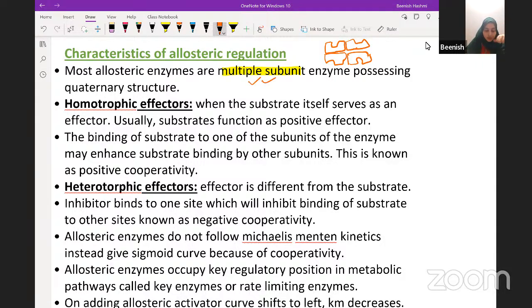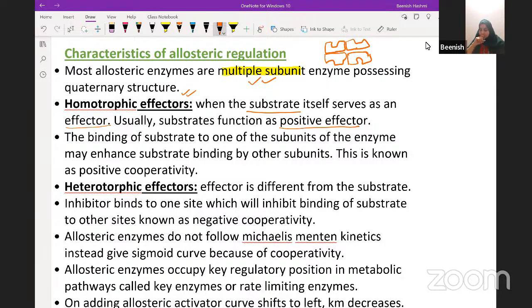That is important. Now what is a homotrophic effector? Now we know what is an effector. Effector or modifier, it was binding to the active site. Oh, sorry, binding to the allosteric site and bringing about either inhibition or activation. Now, what is a homotrophic effector? When the substrate itself serves as an effector, okay? And usually when substrates are acting as modifiers or effectors, they're acting as positive effectors.